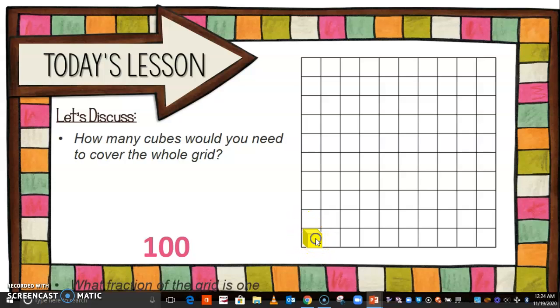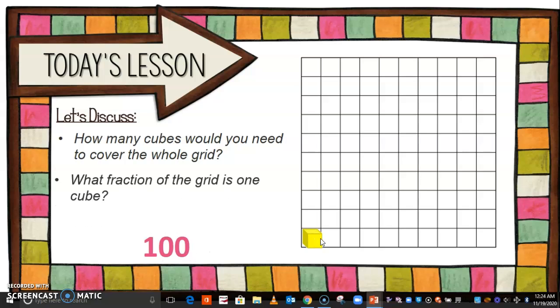And so one of them, if I did a fraction showing what one cube would be, 1/100th. And when we go to write this, we would write down 0 wholes, 0 tenths, because there's no longs there, but 1 cube or 1/100th.